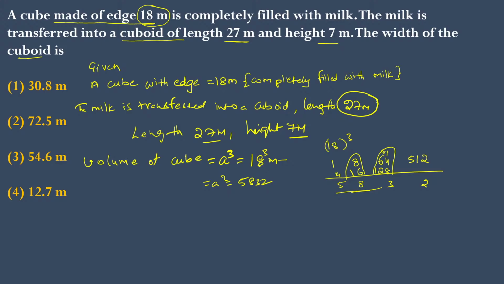So that is equal to the milk transferred into a cuboid. So the volume of the cuboid is also equal to 5832. The formula for the volume of a cuboid is length into width into height.